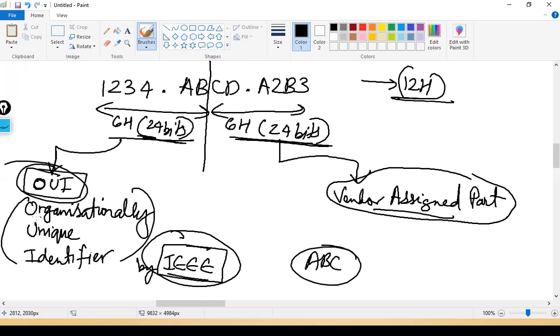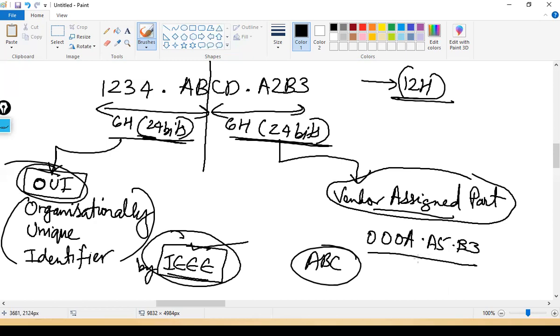Organizationally unique identifier. Suppose I manufacture NICs, then I'll approach the IEEE and I'll ask for an OUI. And suppose they give me an OUI. Say this is my OUI: 000A A5B3. This is my OUI part.